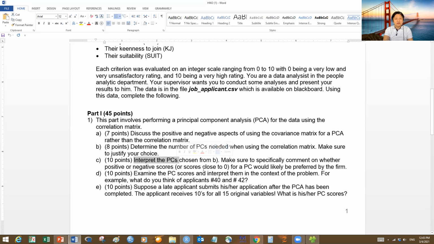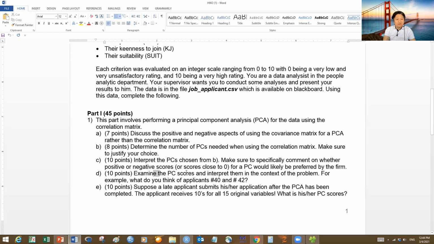Let's say you find the four principal components, and based on the relationship between the components and each variable, maybe the first component will be interpreted as something, or the second component as physical ability, or something like that, okay? And then examine PC scores. You can obtain PC scores like the factor scores, right?